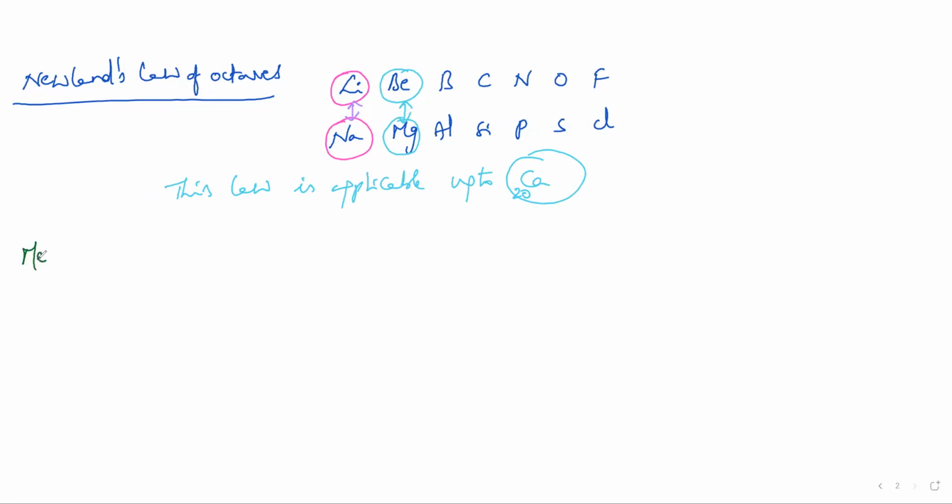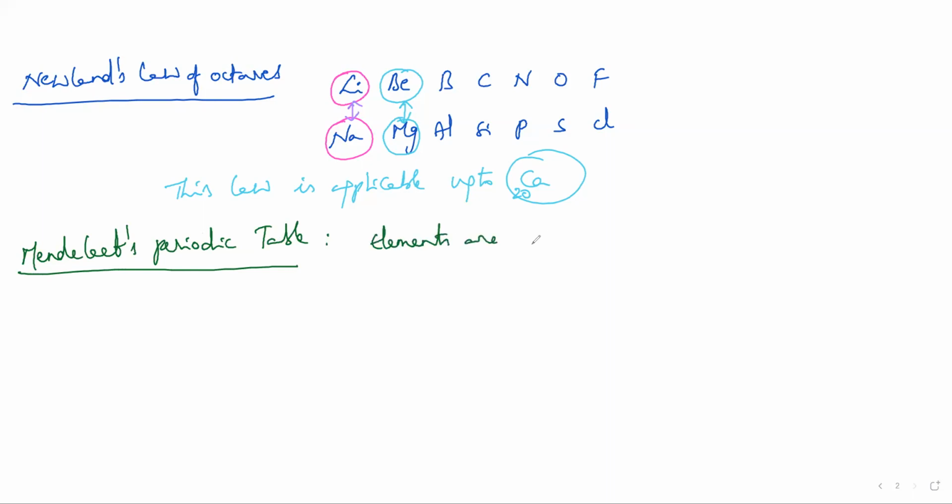Next, Mendeleev's periodic table. So what is Mendeleev's periodic table? He arranged elements, so in this, elements are arranged in increasing order of atomic weights, right?